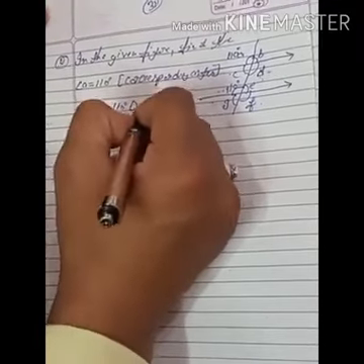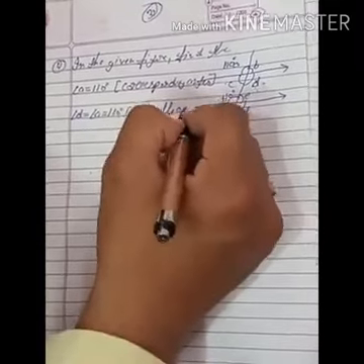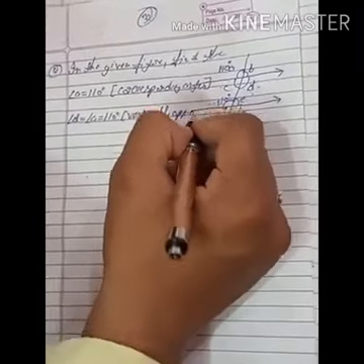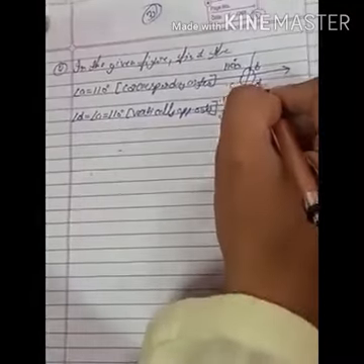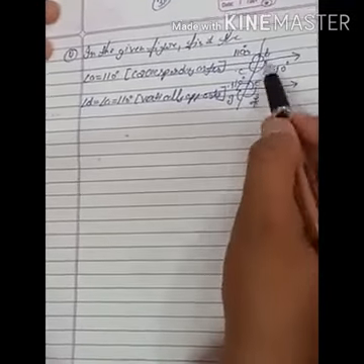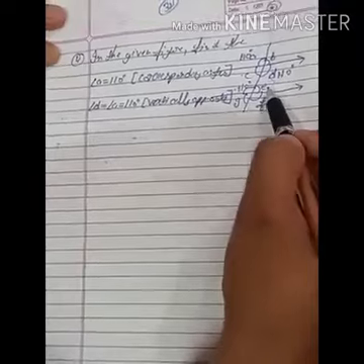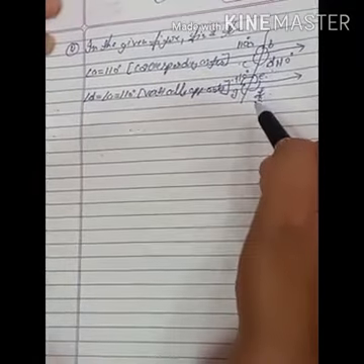Reason is vertically opposite angles. Then this angle is coming 110 degree. Now students, see the relation between D and F. Skip this angle E, then F is coming. So D and F are also corresponding angles.